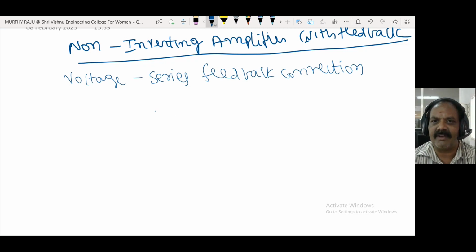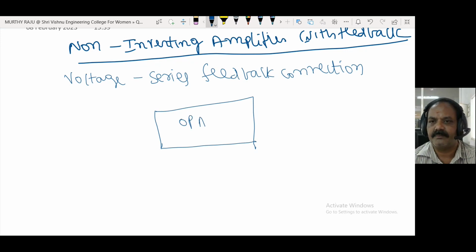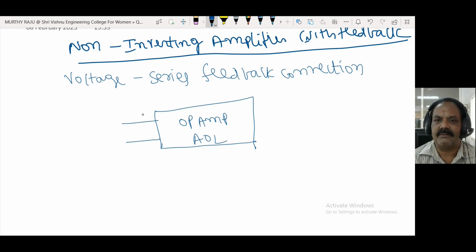In voltage series feedback connection, this one is the op-amp, operational amplifier. Open loop gain of that operational amplifier is AOL. It has plus and minus terminals, V1 voltage and V2 voltage.